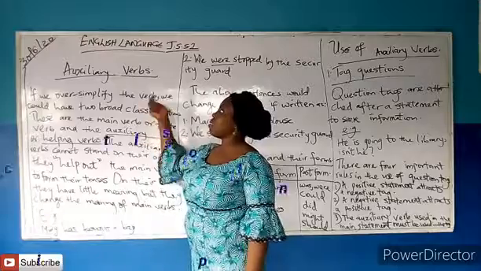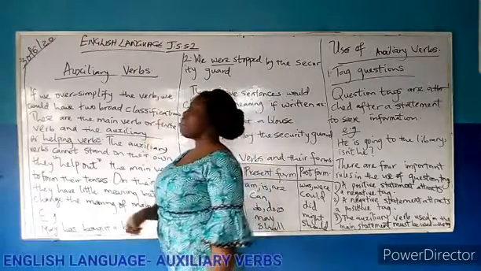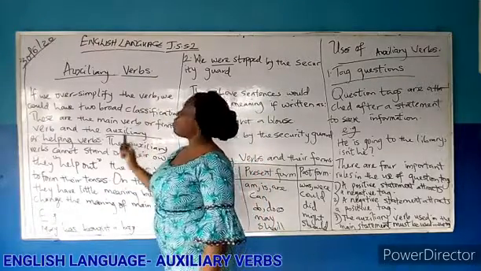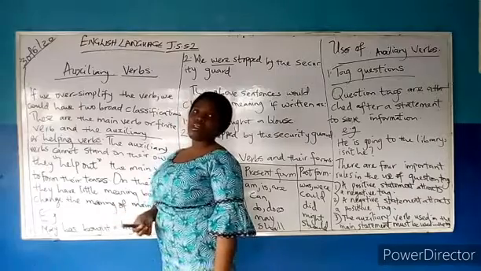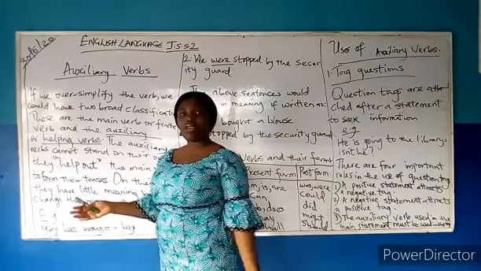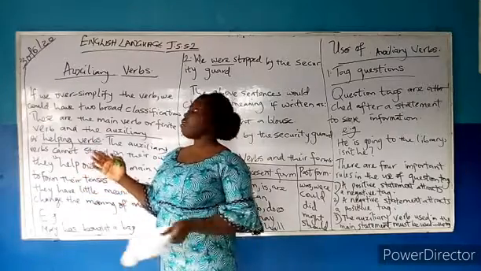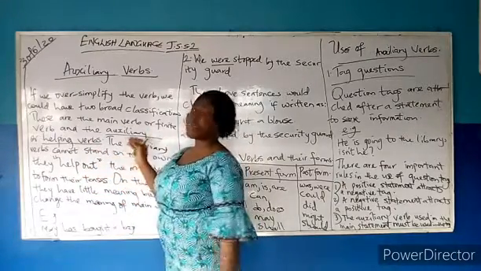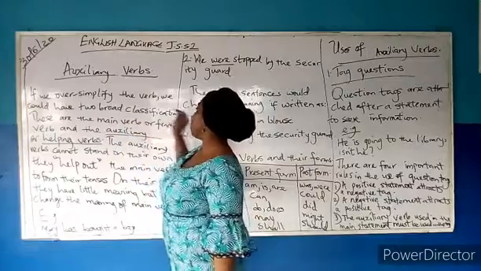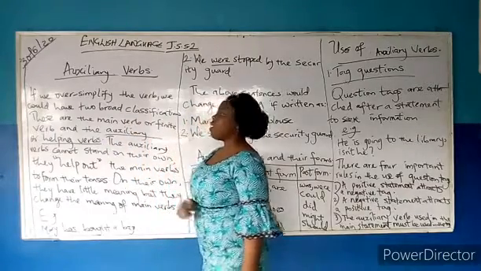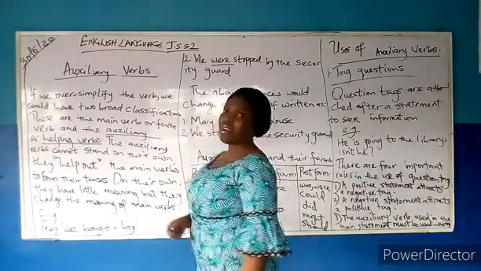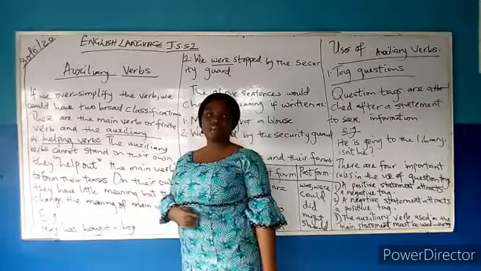Today we want to look at auxiliary verbs, which is a type of verb. If you want to broadly oversimplify the types of verbs, we have two: the main verbs or the finite verbs, and the auxiliary or helping verbs.